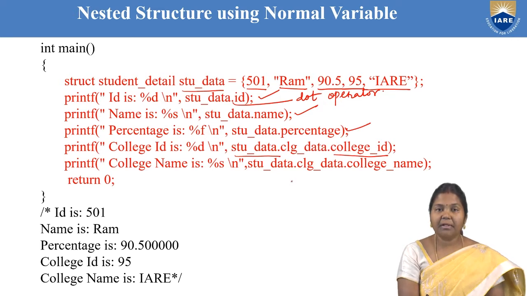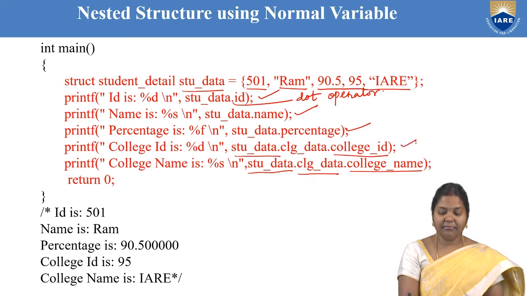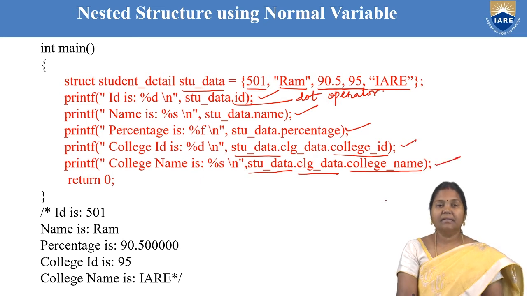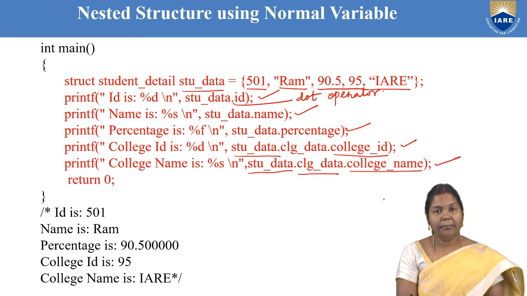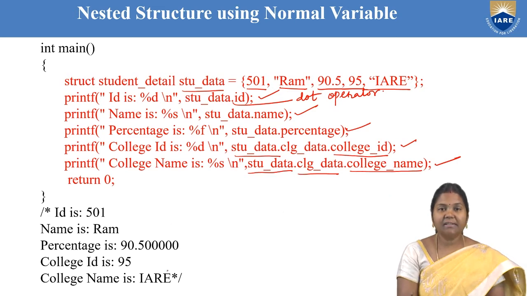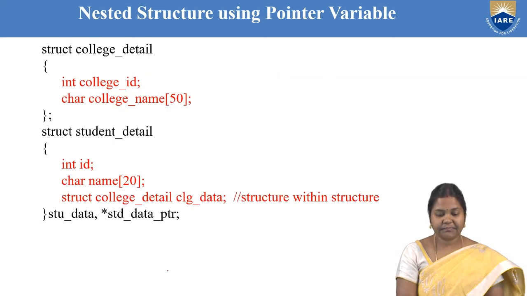That means the dot operator is used twice if you want to access the members of a nested structure. Similarly, college name is also inside the nested structure. The outer structure variable is student_data, and the inner structure variable is college_data, so student_data.college_data.college_name. This is the way we access the inner structure members, using the dot operator. You can see the details that are printed.